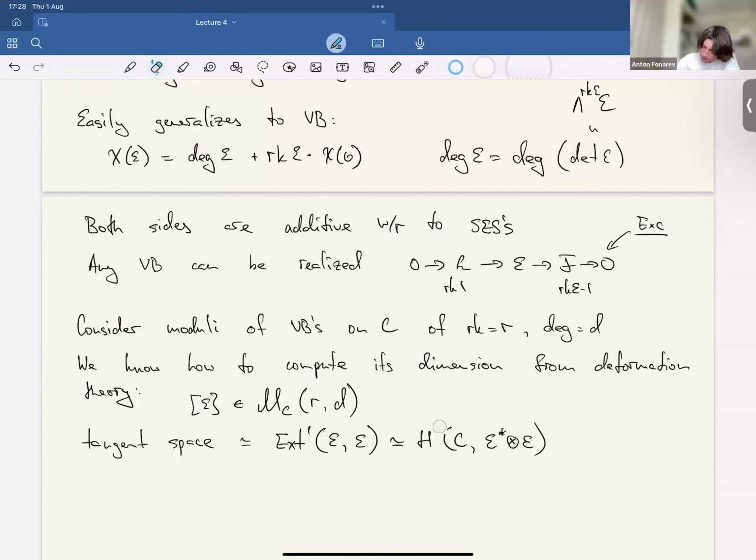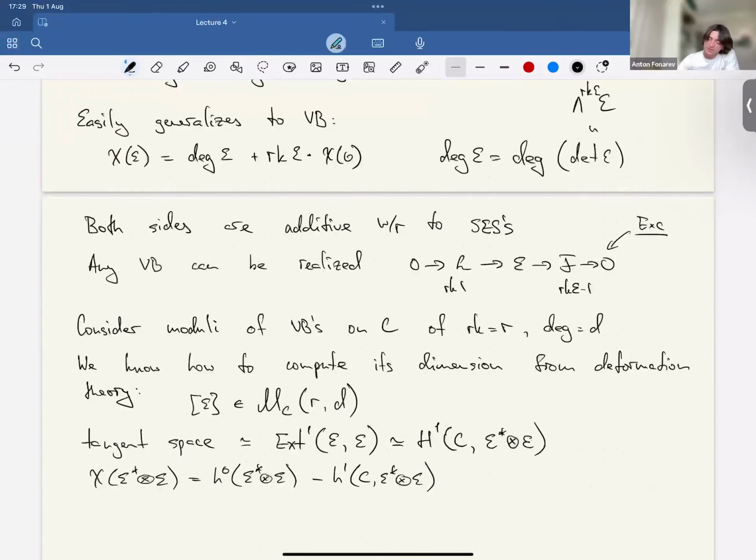H^1. So let's see what Riemann-Roch tells us. Riemann-Roch says that chi of E dual tensor E is the same thing as H^0 of E dual tensor E minus H^1 of C, E dual tensor E.